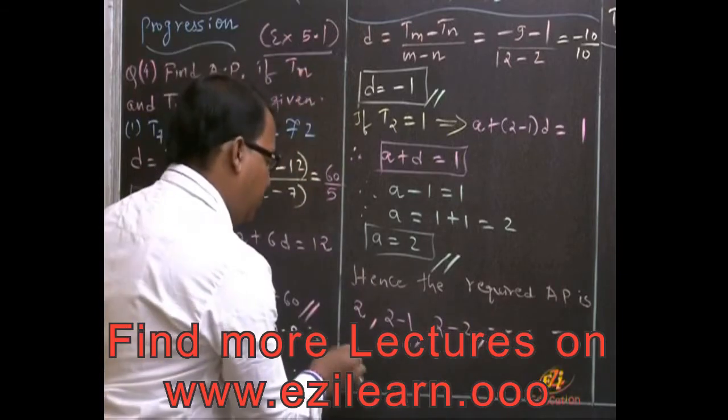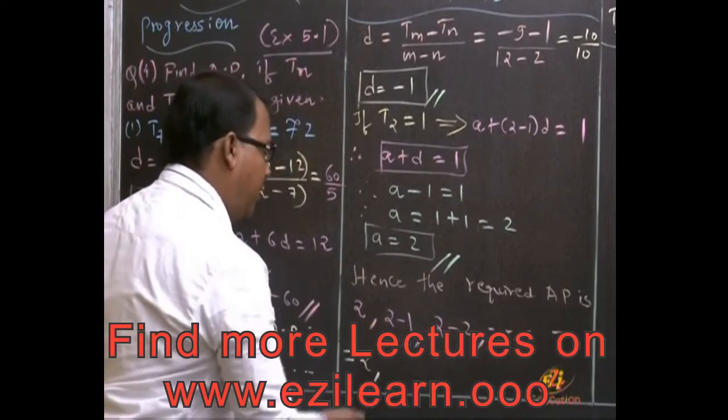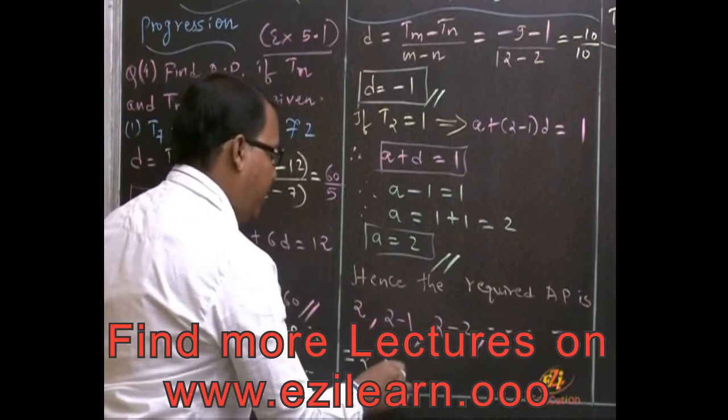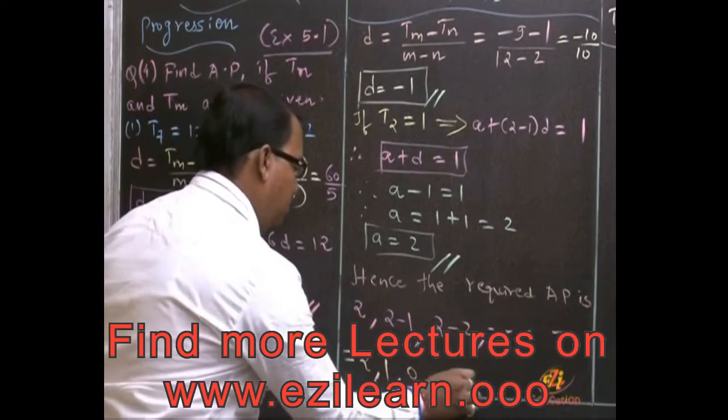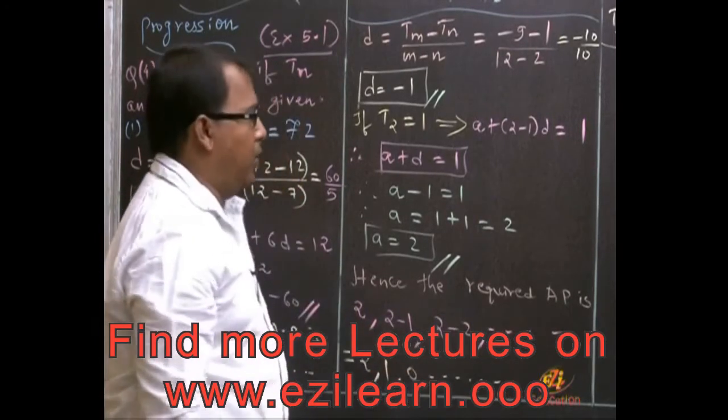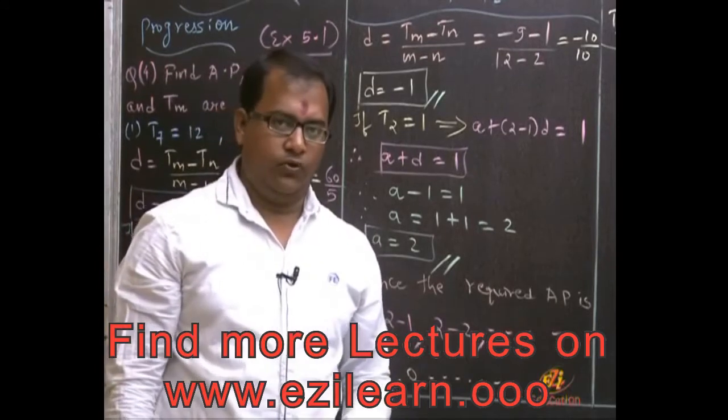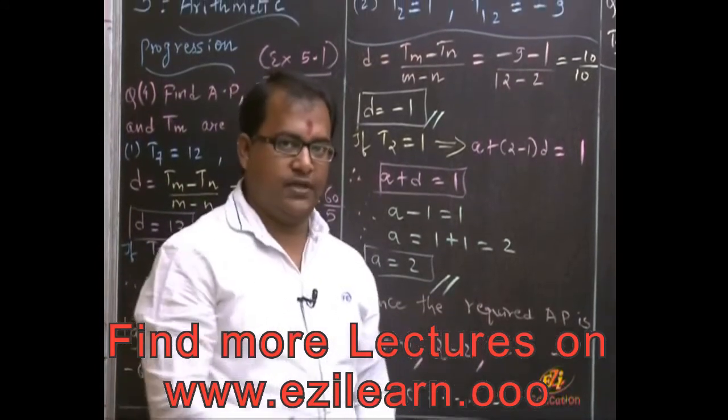Which equals 2, 2 minus 1, 1, 1 minus 1, 0, and so on, the required AP.